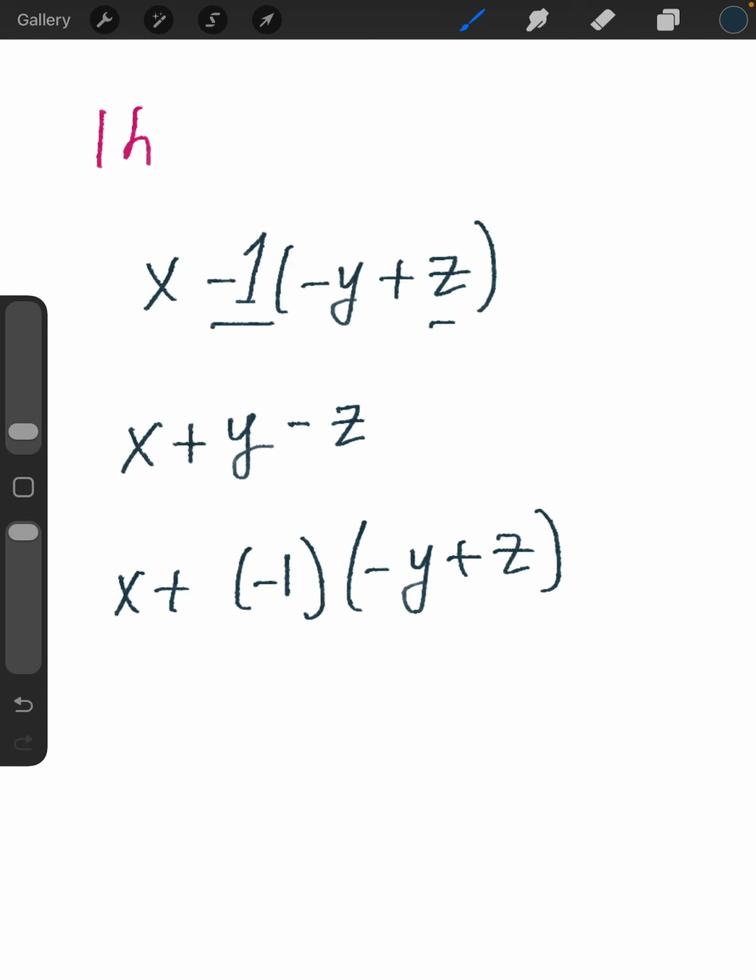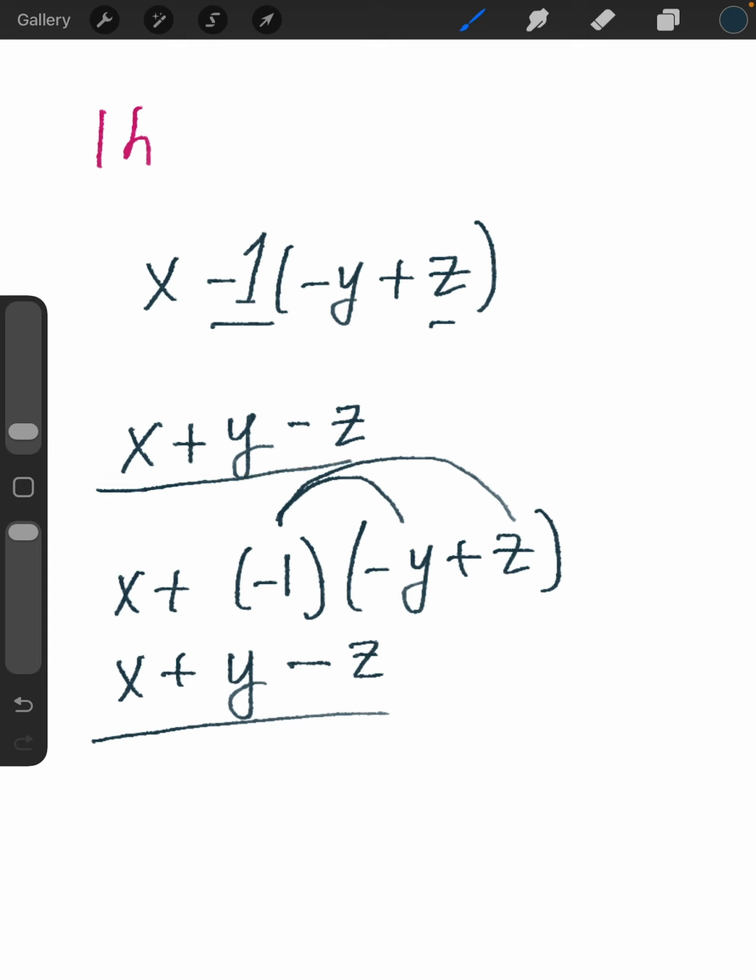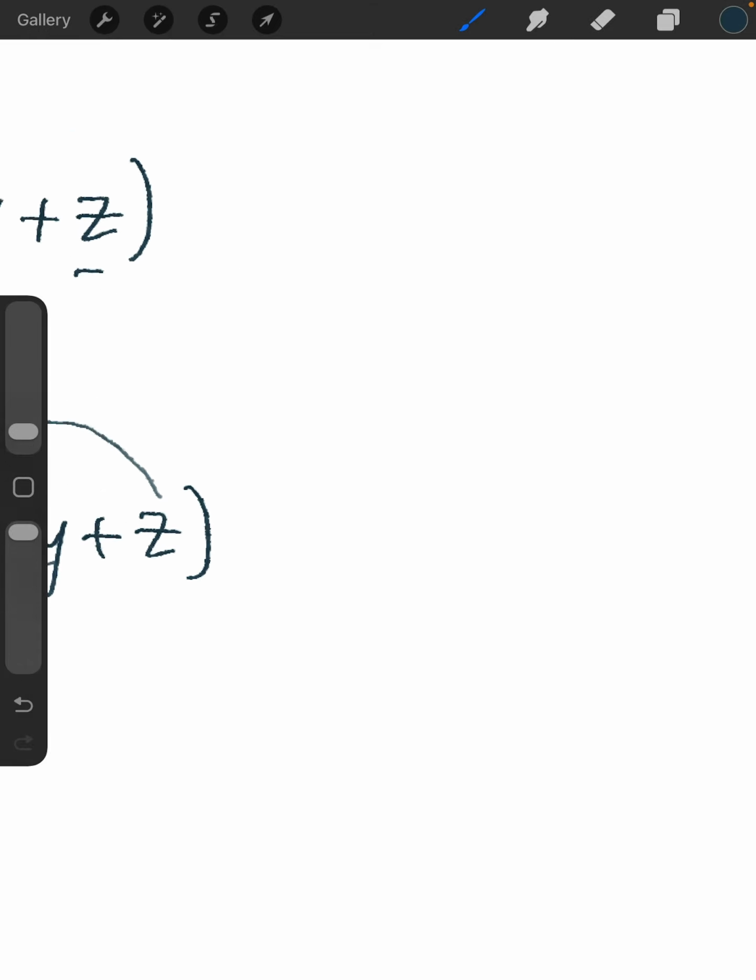So we've got x plus negative 1 times negative y gives us positive y, and then we've got negative 1 times positive z, which gives us a negative z, right? Do you see how we got the same result? Okay, all right. If that's still not clear, it's just a matter of practice, you guys. And we can certainly practice together.